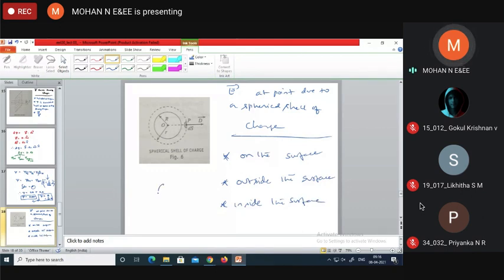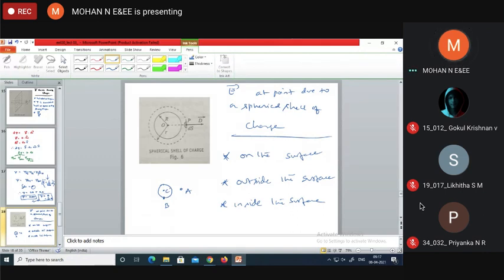So if we have a shell like this, you have to find E here at point A, at B, and E at C. A is outside the shell, B is on the shell, C is inside the shell.